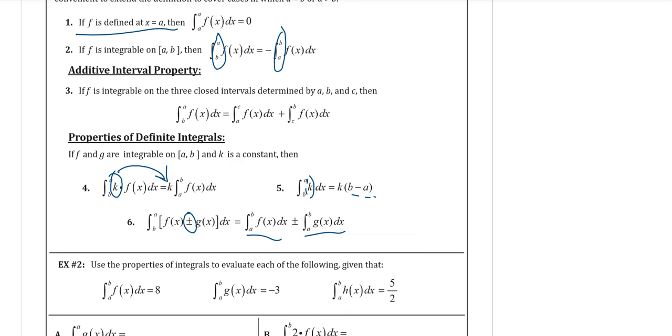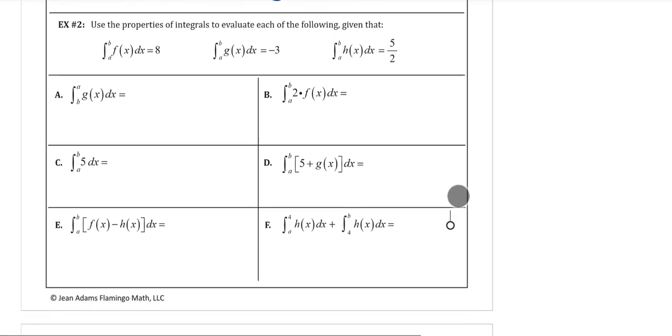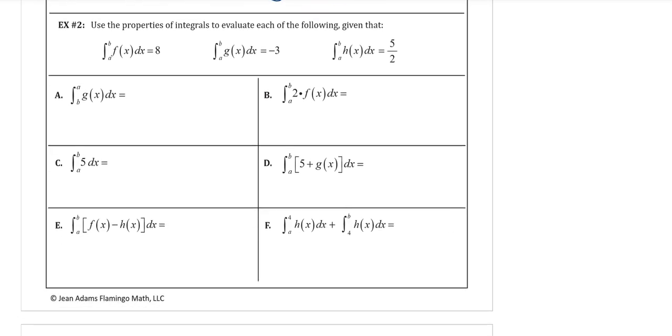Okay, so let's work with these properties in example 2. We're supposed to use the properties to evaluate each of the following, given these integration values for f, g, and h.